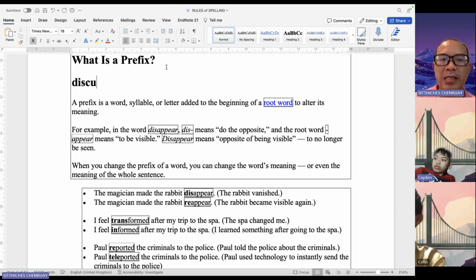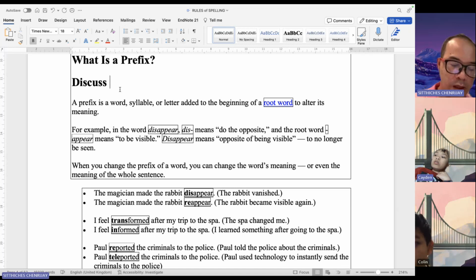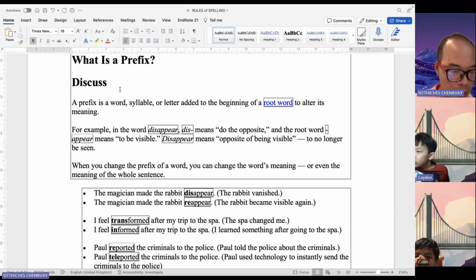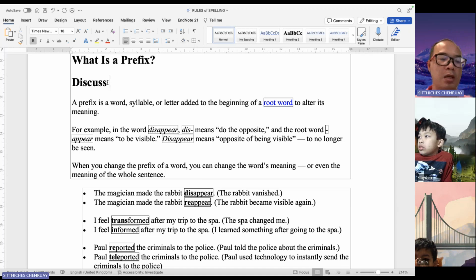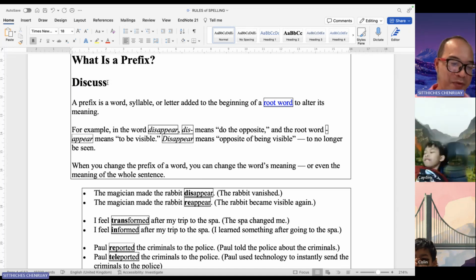For example, discuss. Discuss is not the prefix and the root. Okay, this one, discreate, means this apart. This one is the prefix and the root.